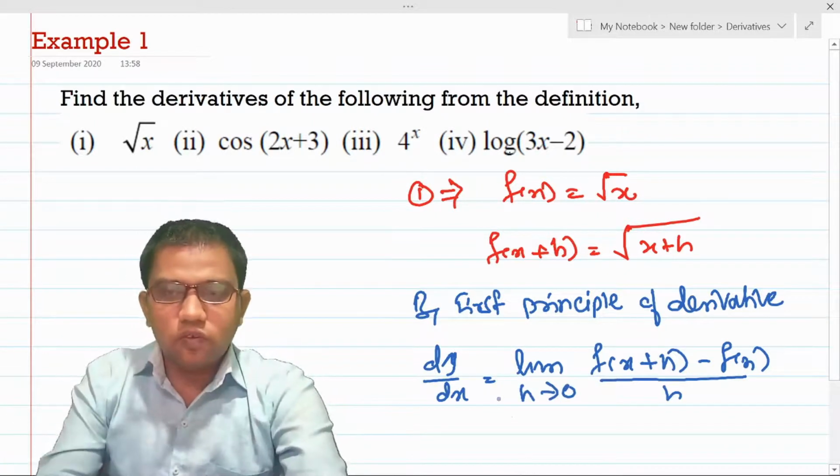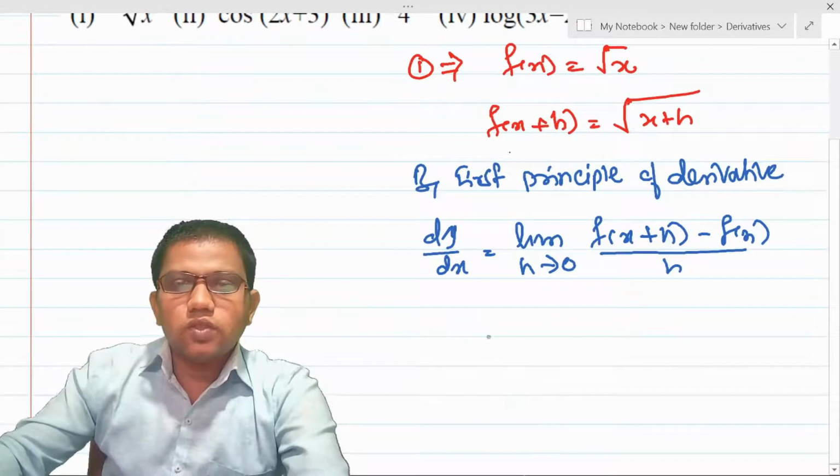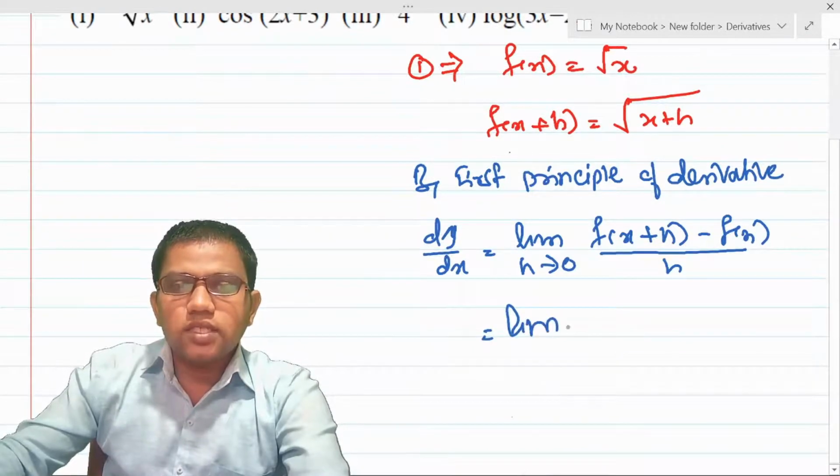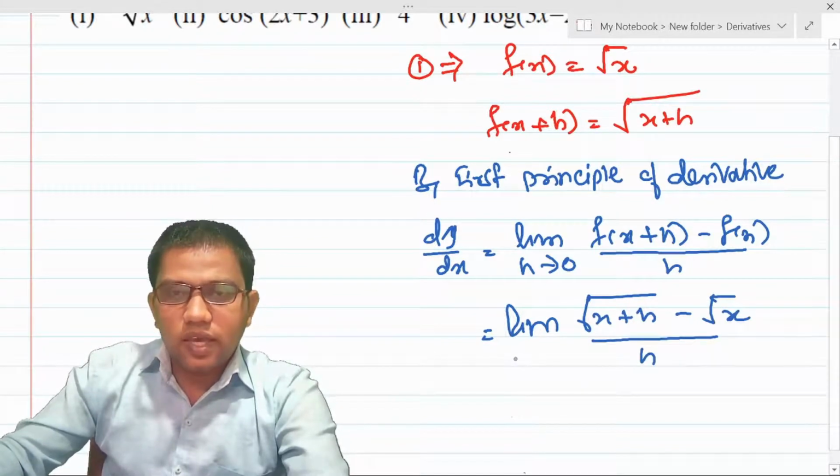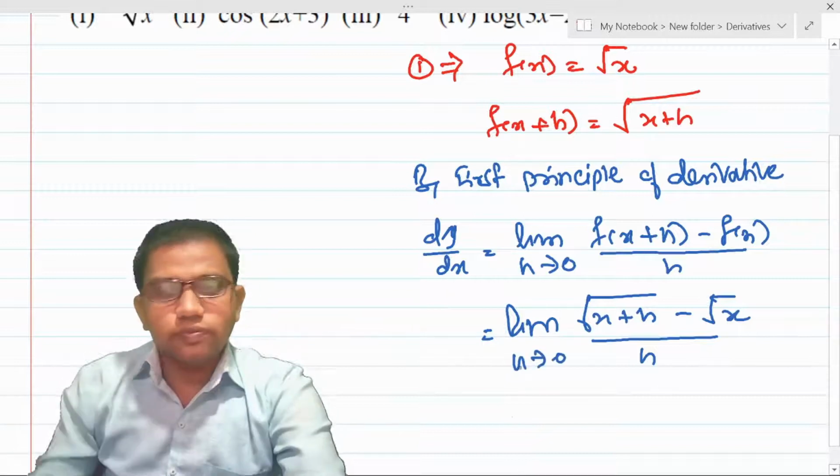Replace the values. So this is equal to limit root over x plus h minus root over x divided by h as h tends to 0.